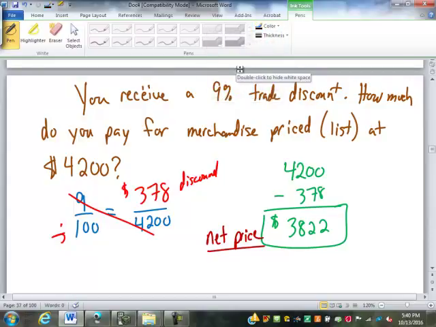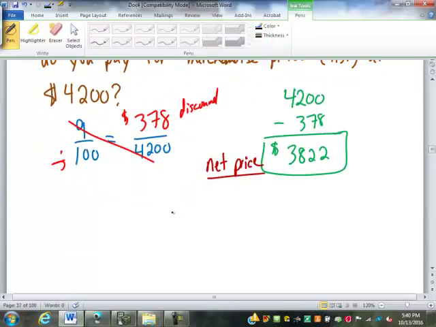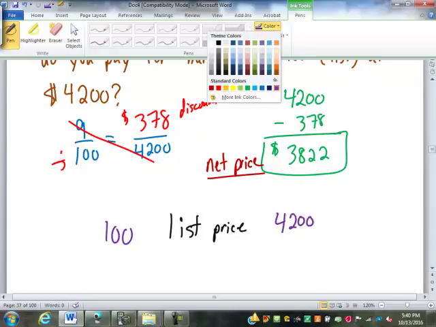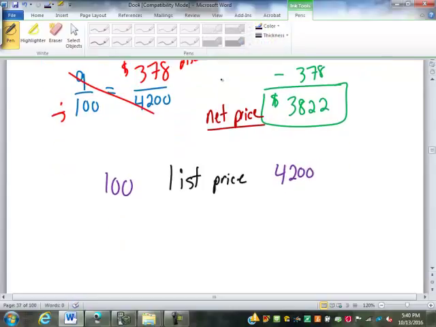If you look at what happened here, though, just kind of similar to what we did back in Unit 1, we had a list price. That list price was the full amount, 100%. It was also $4,200. From that list price, we subtracted a discount.